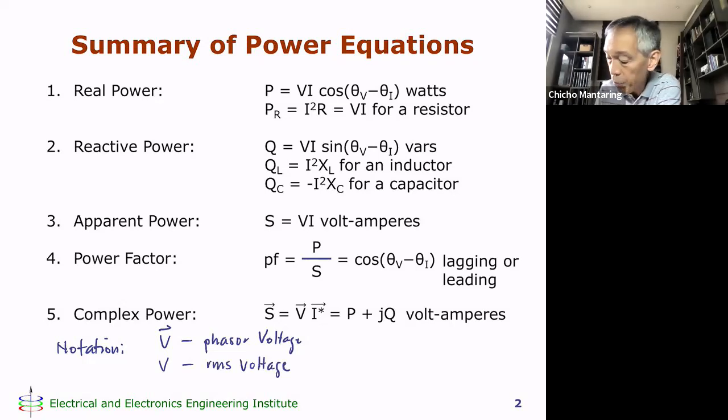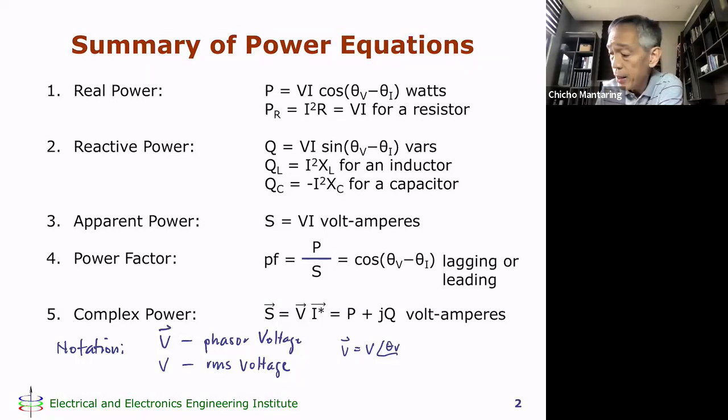In other words, if I don't put V_RMS or V effective, the implication is that it is the RMS voltage. That's why phasor V is just V at an angle of theta_V. This is the magnitude of the phasor, which is your RMS voltage, and this is your phase angle. So all these terms, V and I, are all RMS values. So only here, in this expression, do we have a phasor.